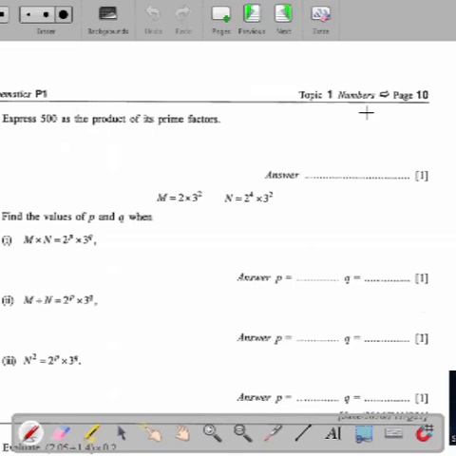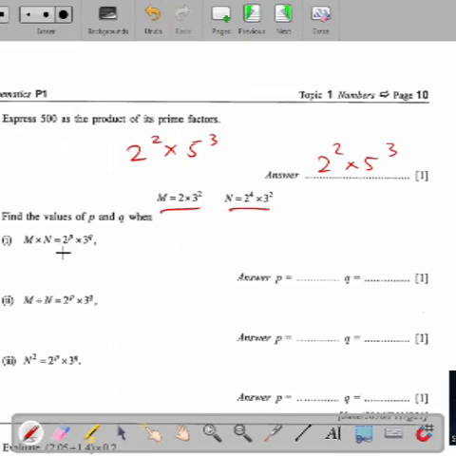All right, so 500: 2 into 250 times, 2 into 125 times. After that, 5 into 25 times, and then 5 times 5, and then 5 one time. So it is 2 square multiply 5 cube that will give me 500. M is this, N is this, all right.